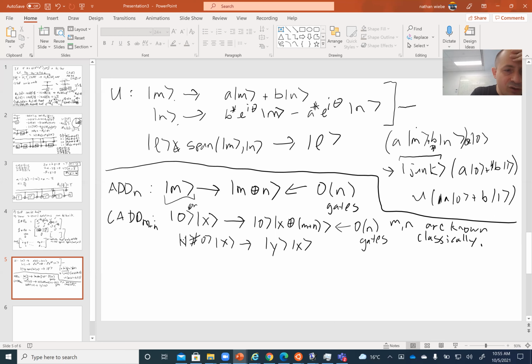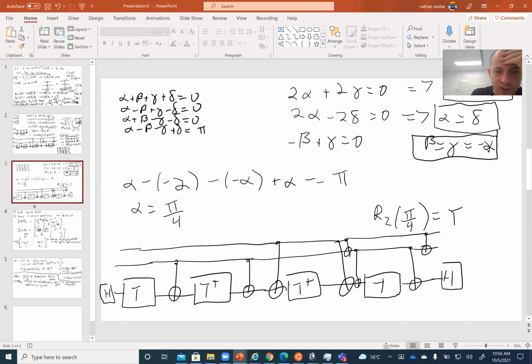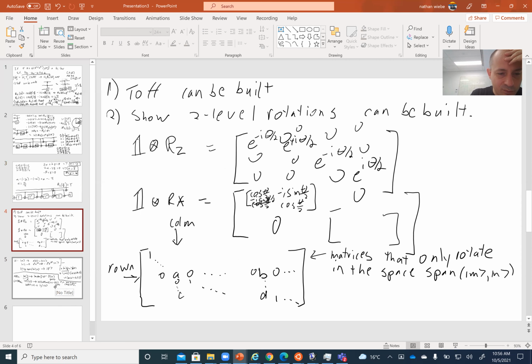And to do this, this is why we needed our construction of the Toffoli gate, because the Toffoli gate is needed in order to control all of the NOT gates that we're moving down.